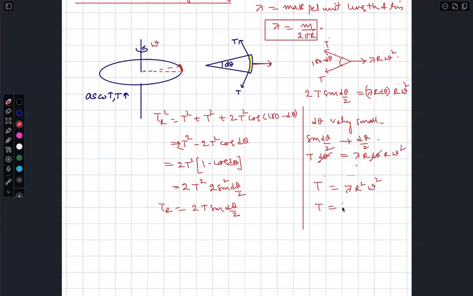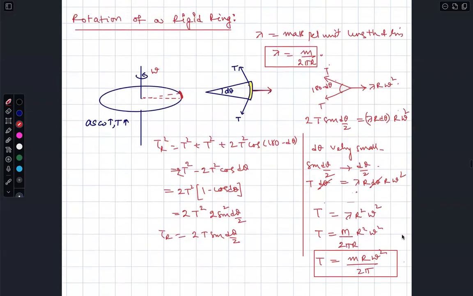Lambda is mass by 2 pi r times r square omega square. That's m r omega square by 2 pi. A very, very, very important relation.